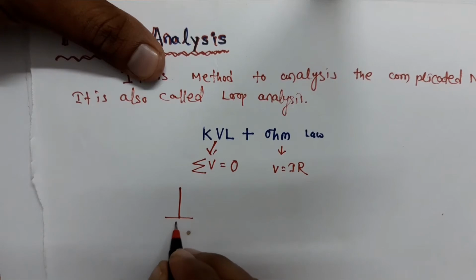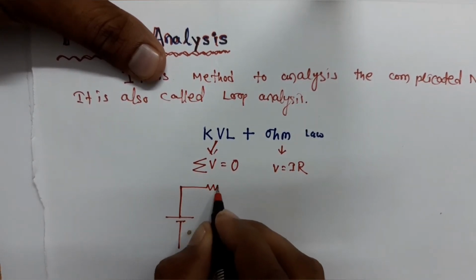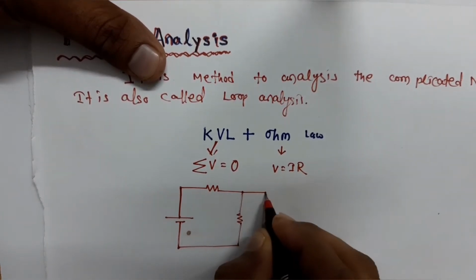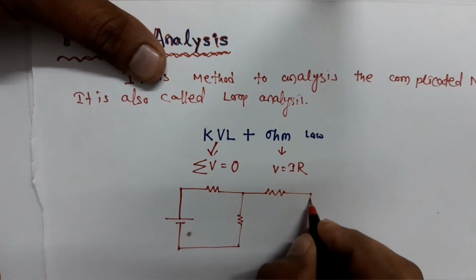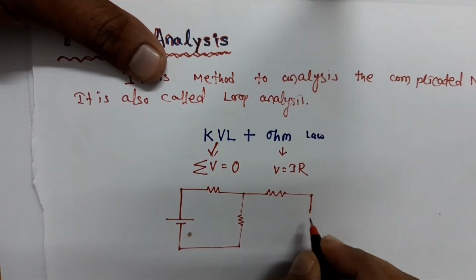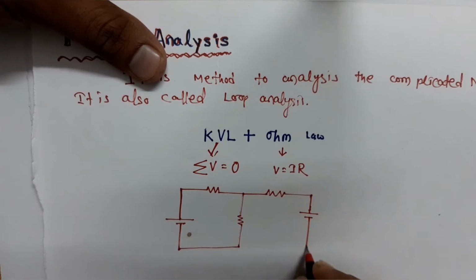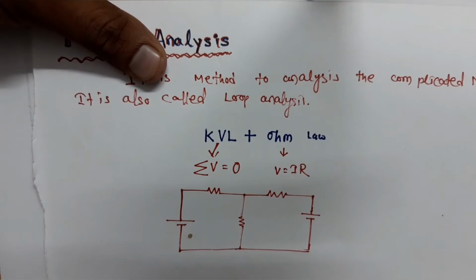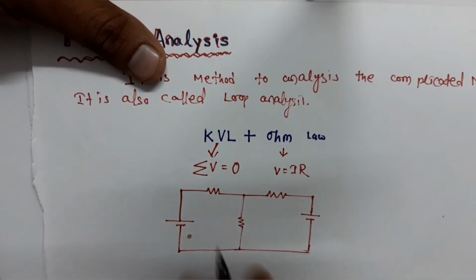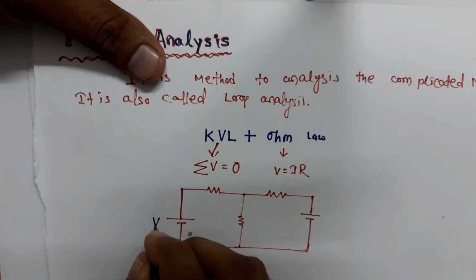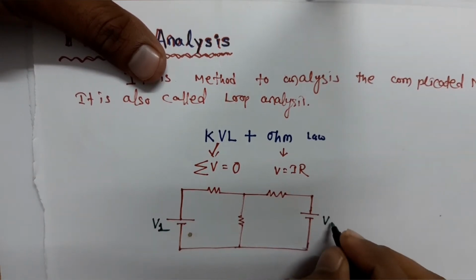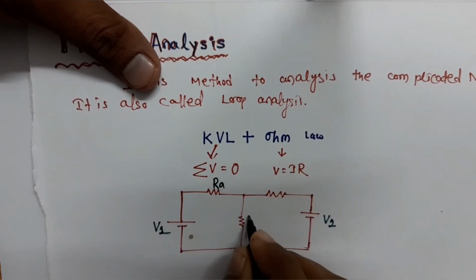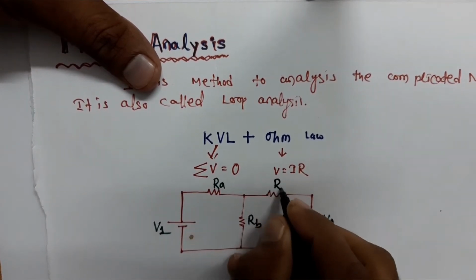This is a circuit. This is V1 source voltage, this is V2, this is RA, this is RB, and this is RC.